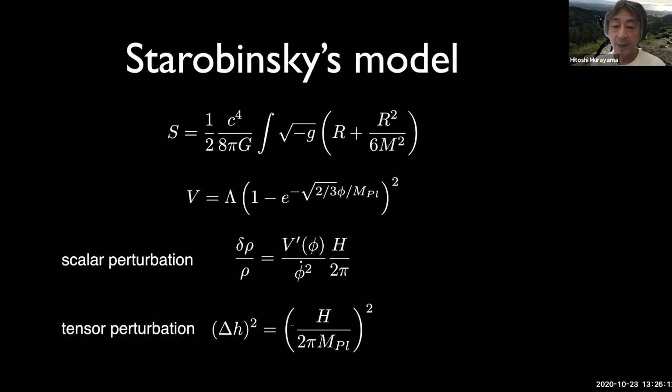And this is what I said in words on the previous slide. This is the formula I had earlier yesterday. This is the amount of fluctuation you get from the quantum fluctuation of the metric tensor. The amount of fluctuation is simply given by the Hubble constant during the inflation, and the Hubble constant squared is given by the energy density of the inflation.